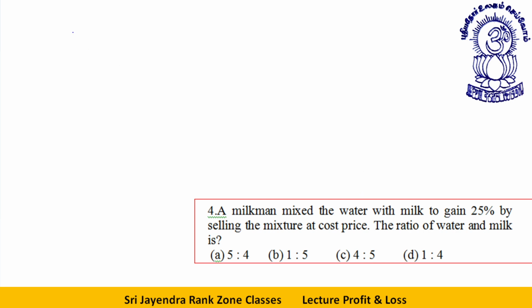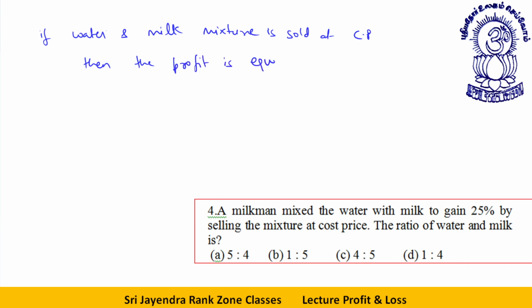Whenever things are sold at CP, if the water and milk mixture is sold at CP, then the profit percent, this is the main line now, is equal to the percentage of water upon milk, not water in the mixture, it is water upon milk.